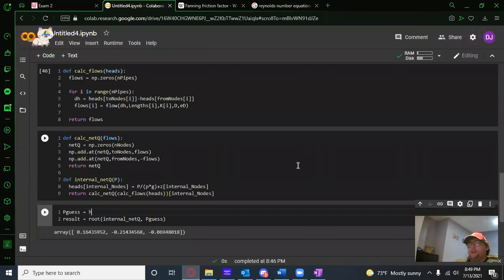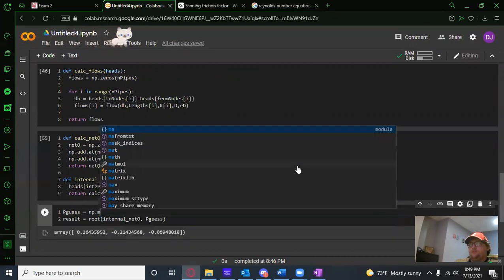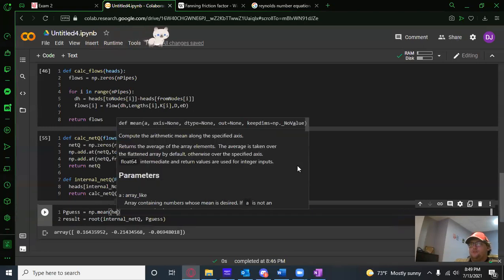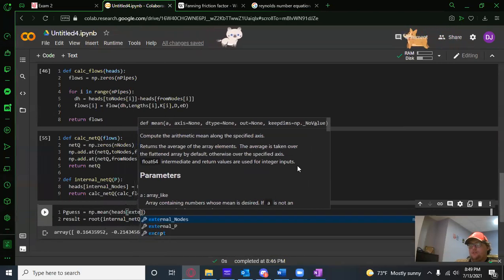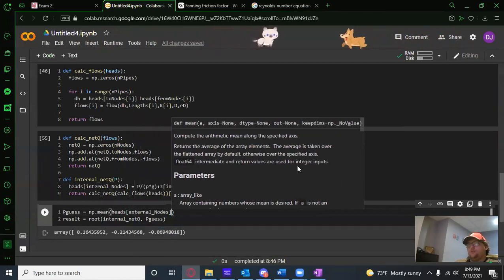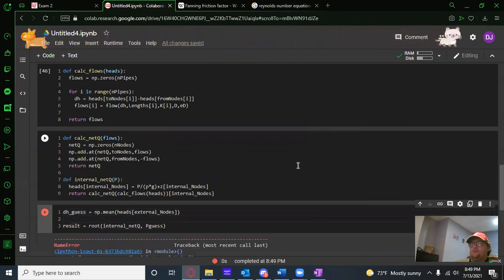And so our P guess is going to be our head. Well, np.mean first, I guess, of our heads, external nodes. Let's see. Okay, so now our P guess is just going to be our equation we found.